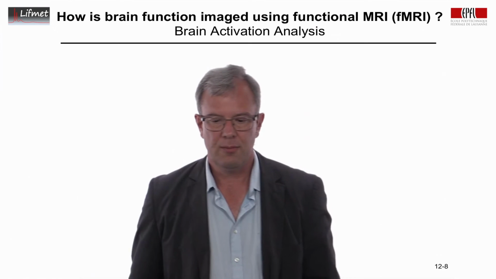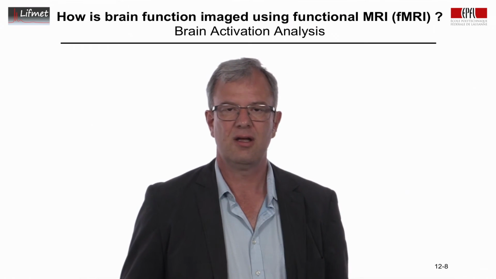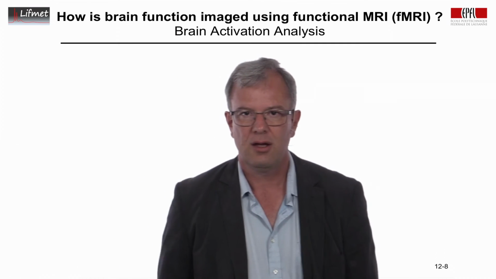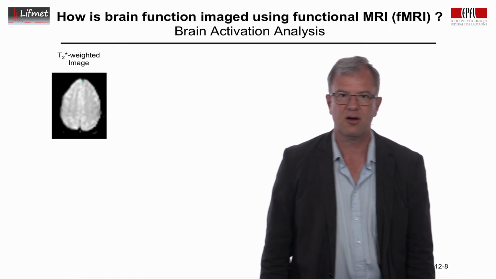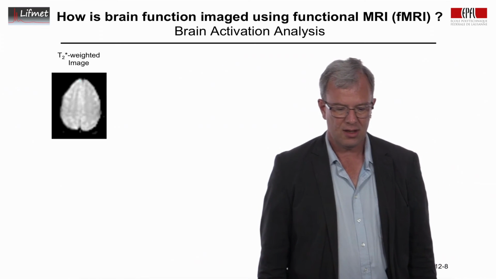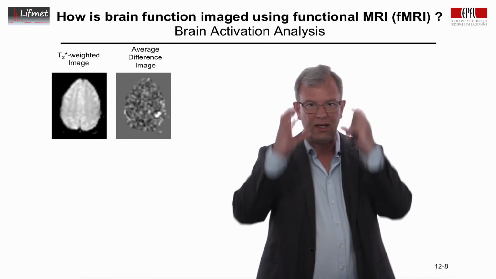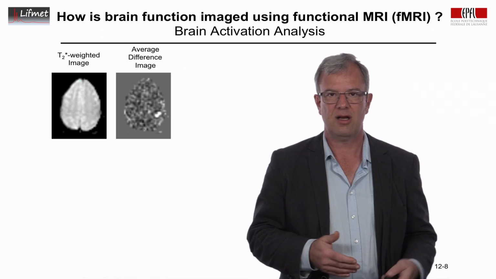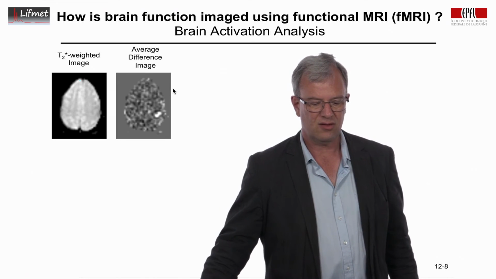Okay, so we have now the BOLD response. We see a signal in the T2 star weighted image, and the question is now, how is this used to image brain function? So here's a T2 star weighted image of the human brain, and if one now takes a task condition like looking at a light versus not looking at a light, takes the T2 star weighted images and takes the difference between these two time periods, then one gets an image like this.